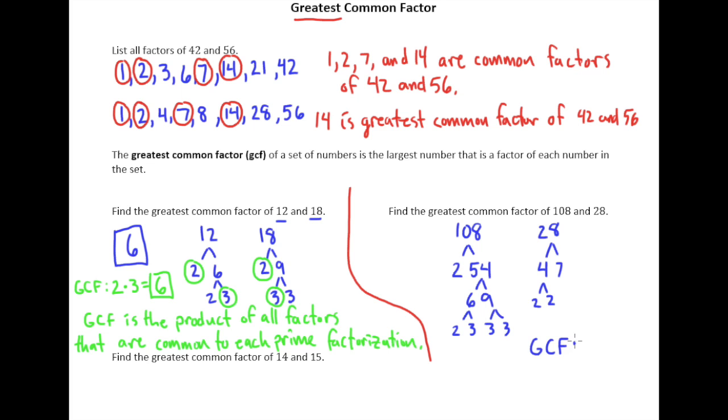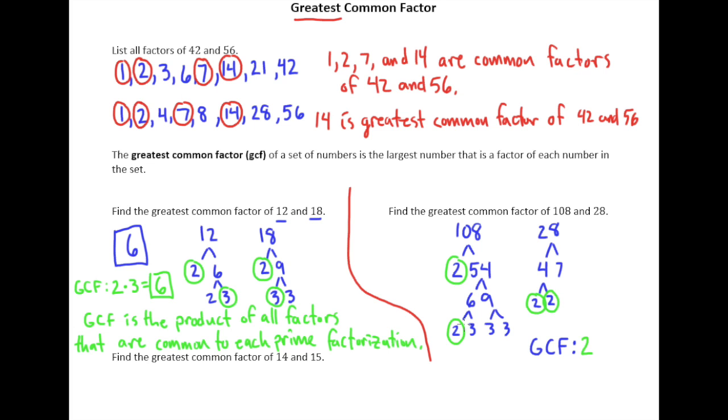So here, for our GCF, we're looking for numbers that are common to both of the prime factorizations. So I see a 2 in 108, and there's a 2 in 28 that I can circle. The fact that I was able to circle 2 in both numbers allows me to write 2 down. And look, I've got another 2 here that has another 2 in 28 that I can circle.